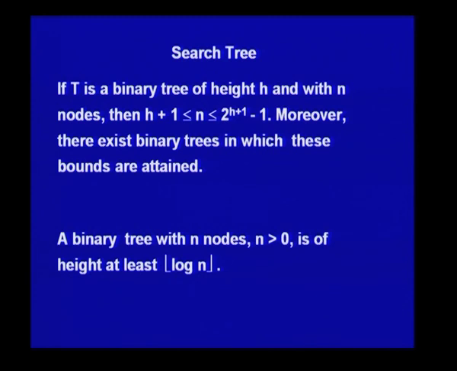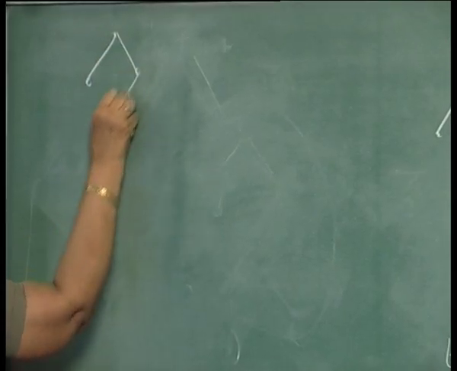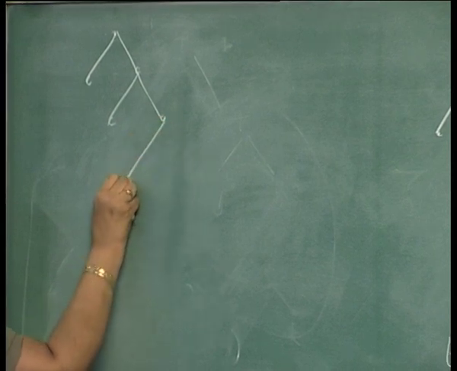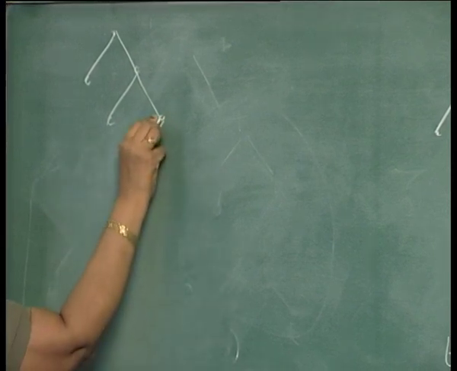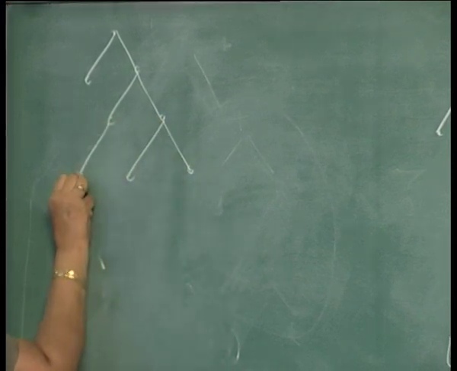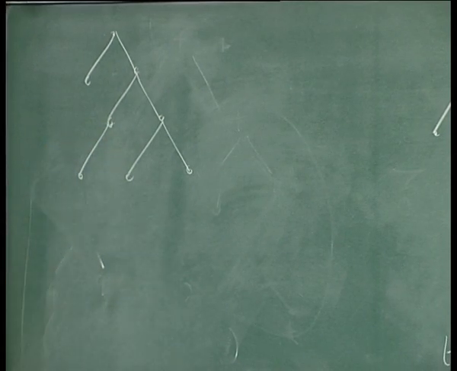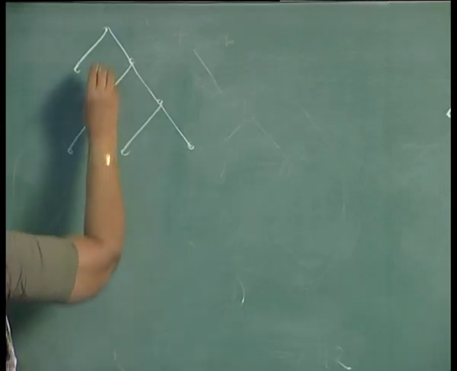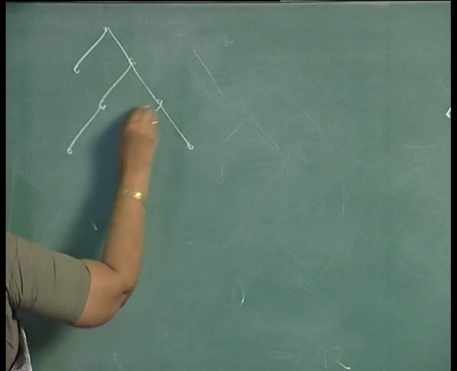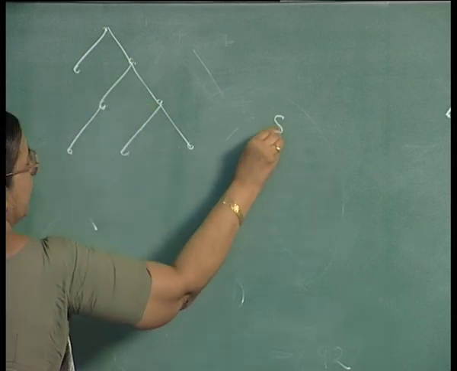How do you prove that? You have a binary tree. Let me draw a binary tree. This is a binary tree, say. How many nodes are there? 1, 2, 3, 4, 5, 6, 7, 8 nodes are there.